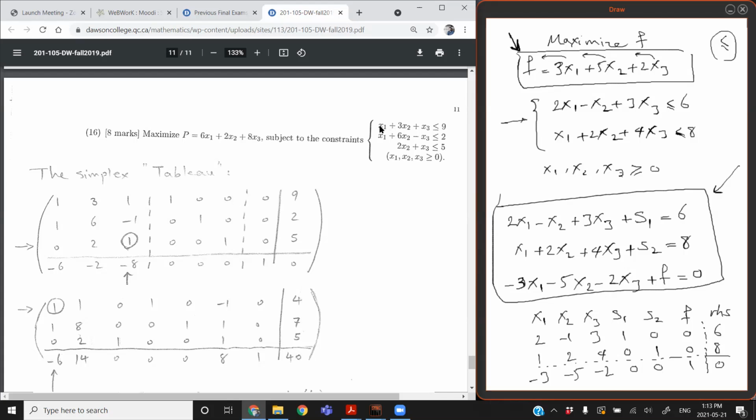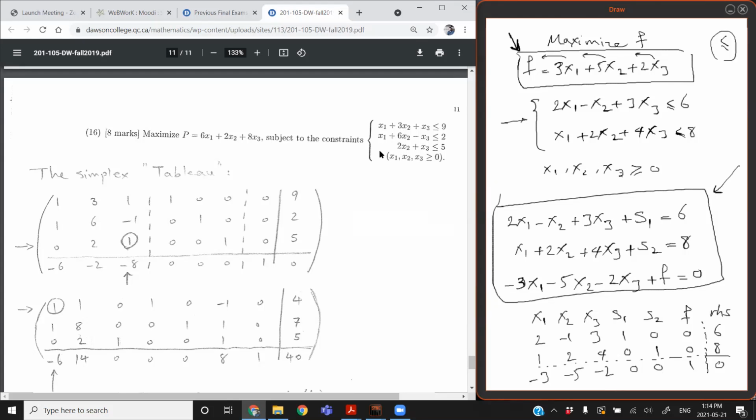So we're going to get 1, 3, 1, then 1 for S1, 0, 0, 0, 9, 0 for S2, 0 for S3, 0 for P, and 9. For the second equation, we get 1, 6, negative 1, 0 for S1, 1 for S2, 0 for S3, 0 for P, and then 2.